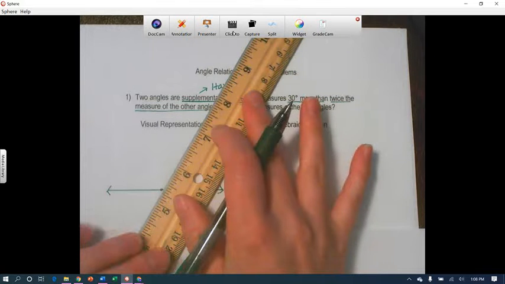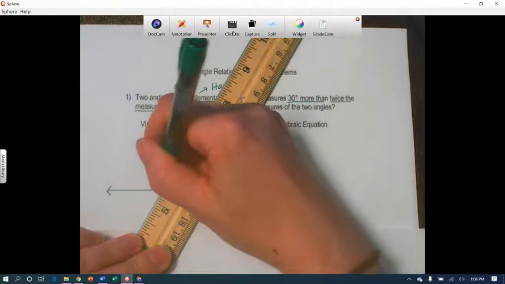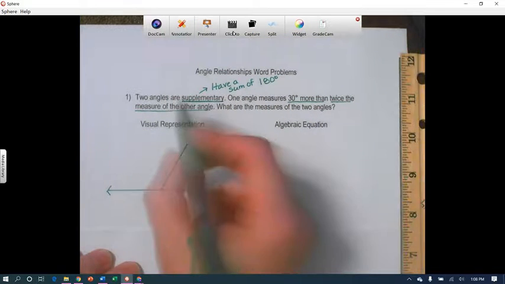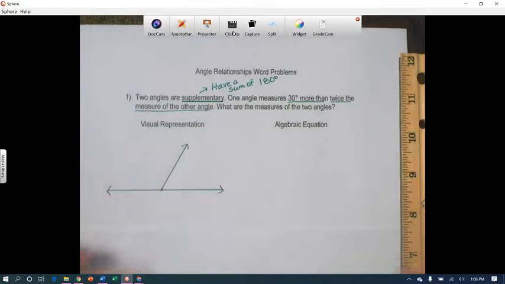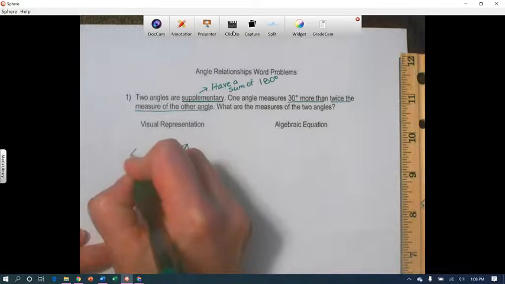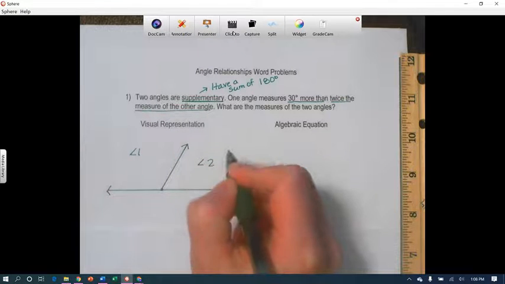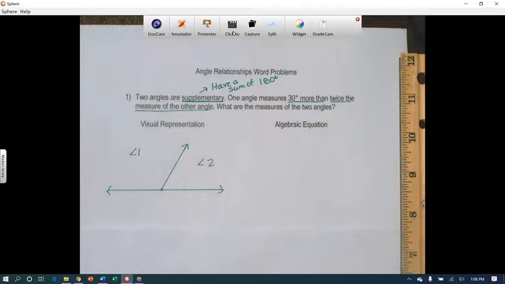So it doesn't matter how large I make each angle. I'm just going to go like this. And I'm going to label this one as angle 1. And this one is angle 2. And so now I'm going to fill in that information that I know about each of the angles.